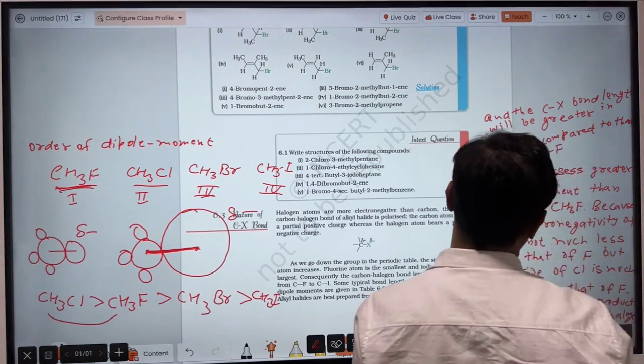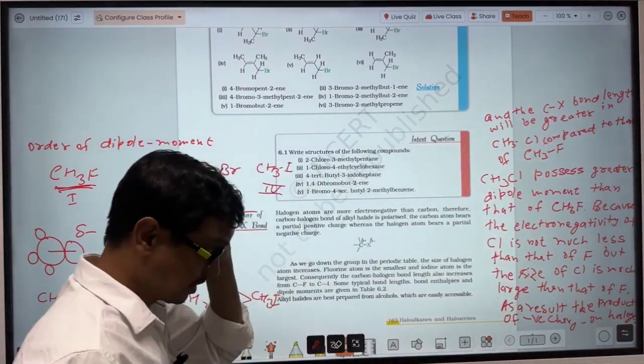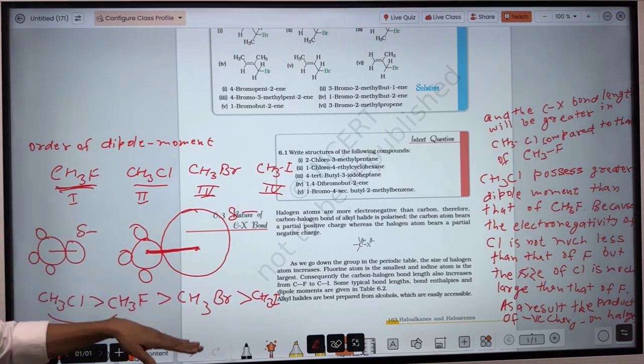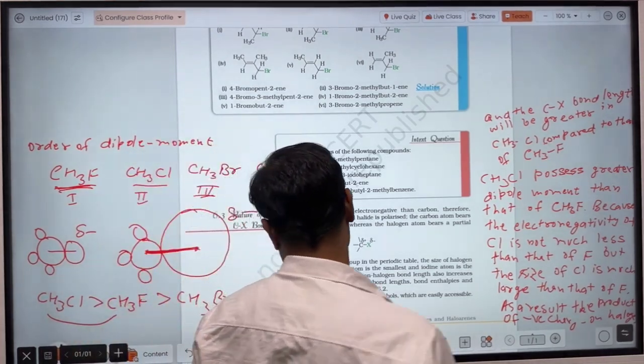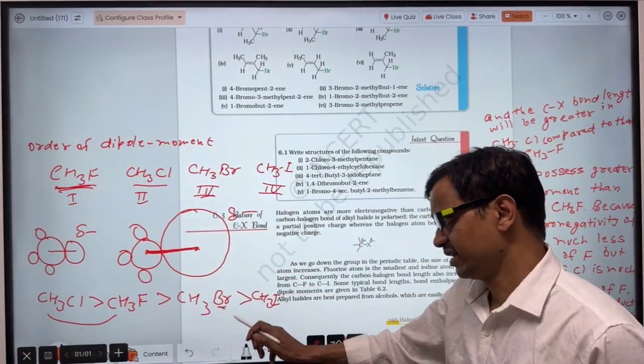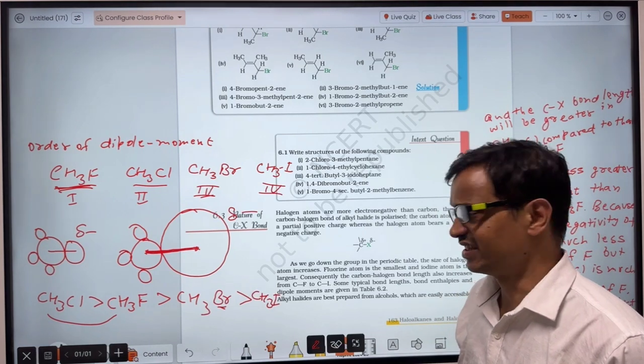So among the methyl halides, CH3Cl will possess the greatest dipole moment and CH3I will possess the least dipole moment. The dipole moment of CH3Br is less than that of CH3F or CH3Cl because its electronegativity is less.